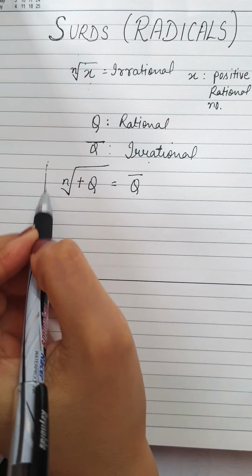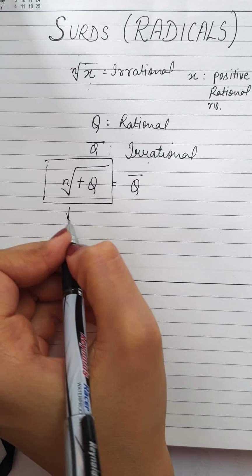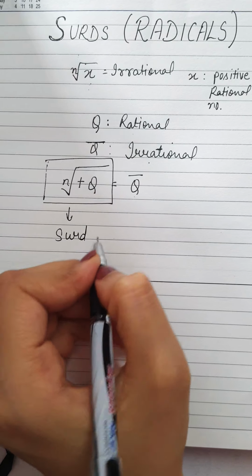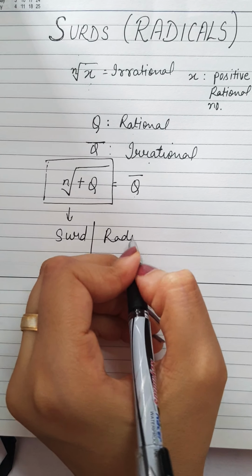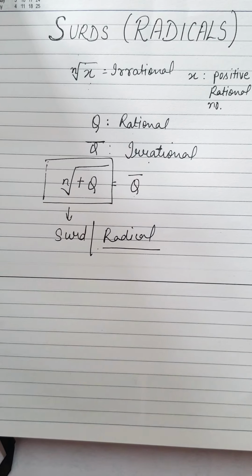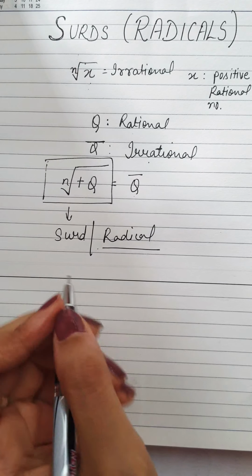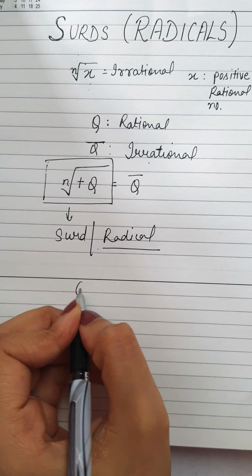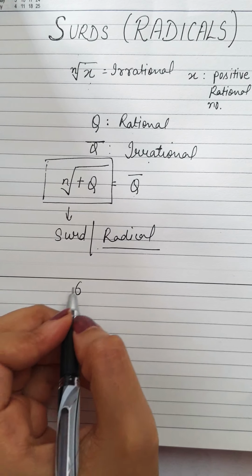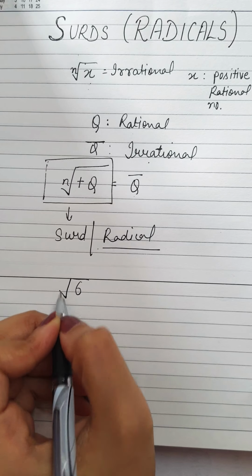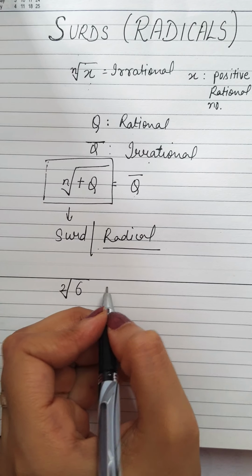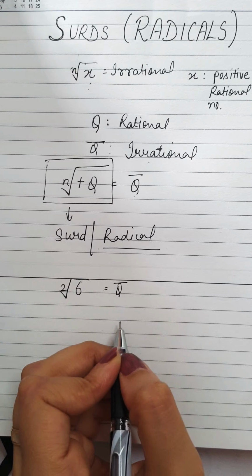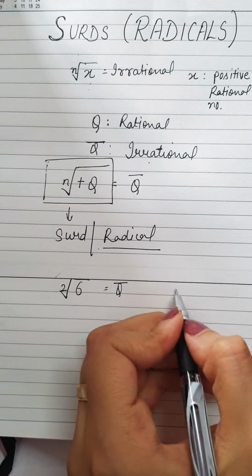Then this particular thing is known as a surd or radical. For example, let's say 6, a rational number. After applying a square root it becomes an irrational number, so this is a surd.